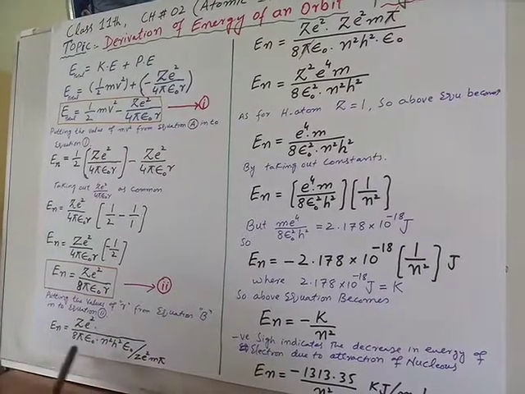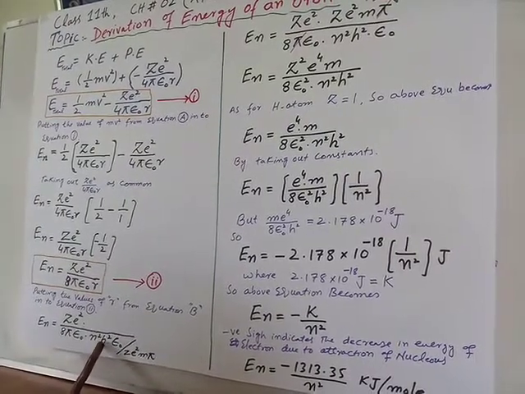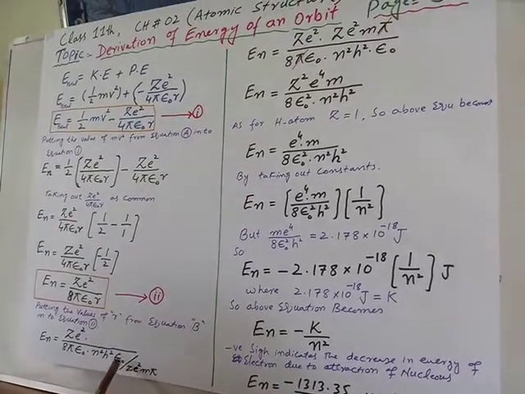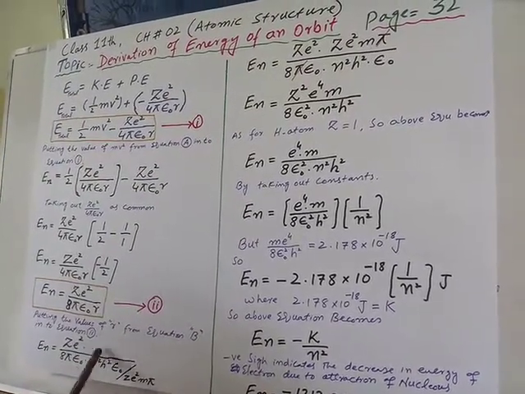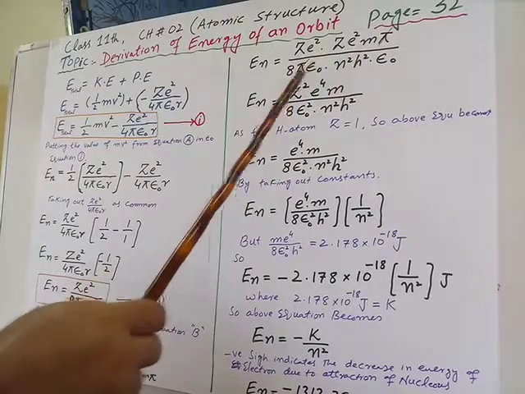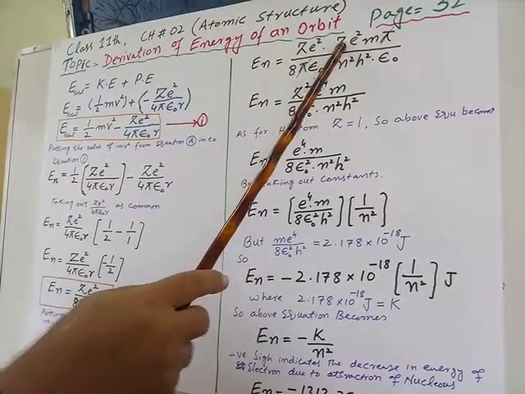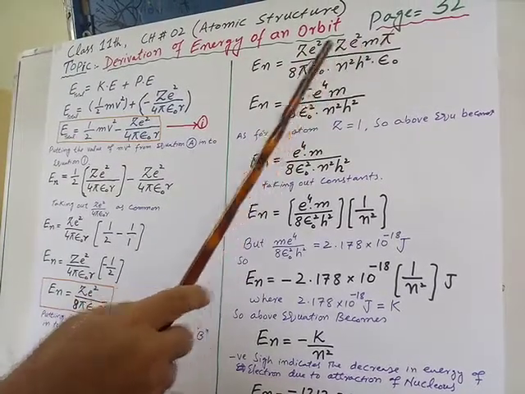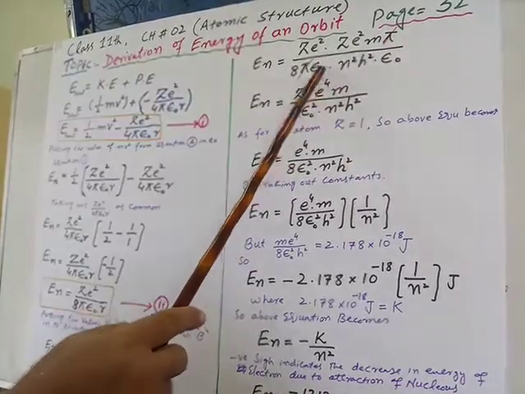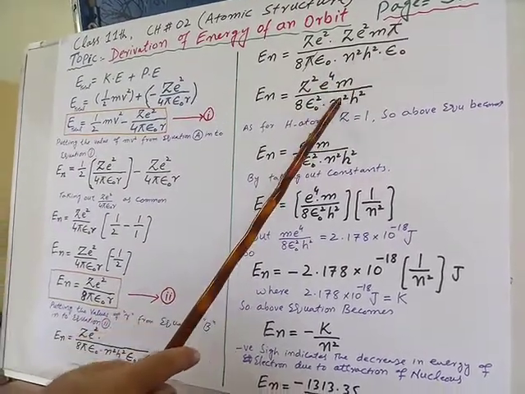Here is Ze square over 8 pi epsilon naught. When you put it, the denominator of the denominator goes to the numerator. Transferring it and cancelling the like terms, pi is cancelled with pi, Z multiplied by Z is Z square, e to the power 4, m comes here, and epsilon naught into epsilon naught gives epsilon naught square. Similarly, n square and h square.